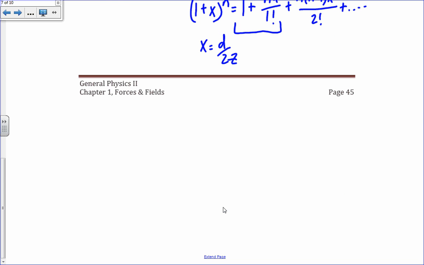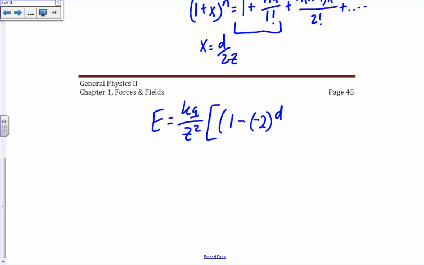So we can substitute that in. And I get E is equal to KQ over Z squared times 1 minus negative D over 2Z minus 1 plus negative D over 2Z.